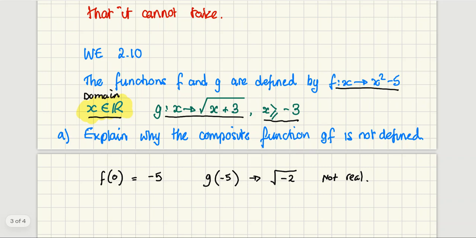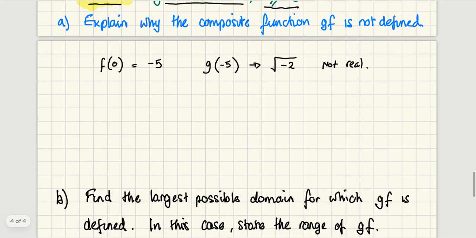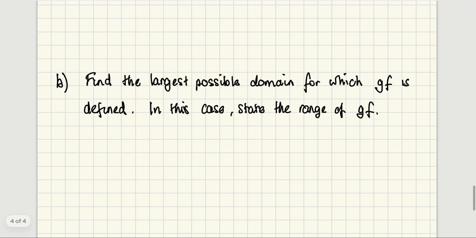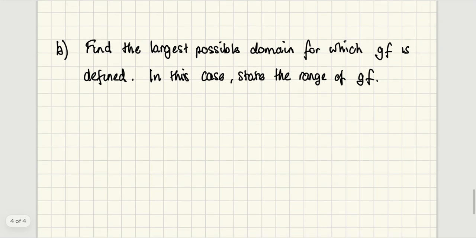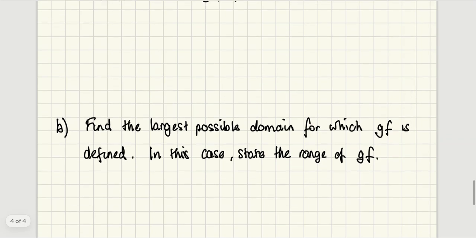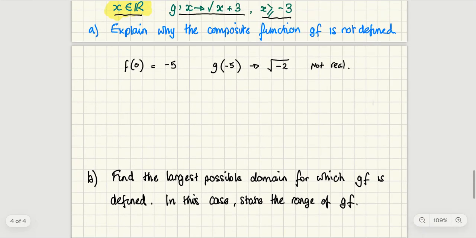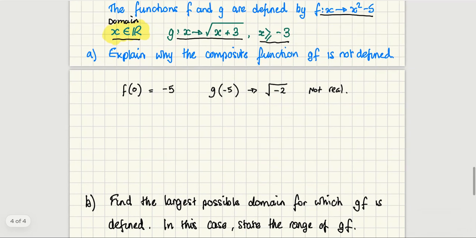So we need to adjust that domain. Where it says find the largest possible domain for which gf is defined, in this case, state the range of gf of x. So first of all, state what the largest possible domain is for that situation. I'll pause, let you think about it.